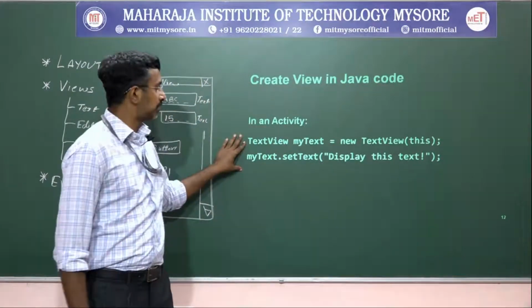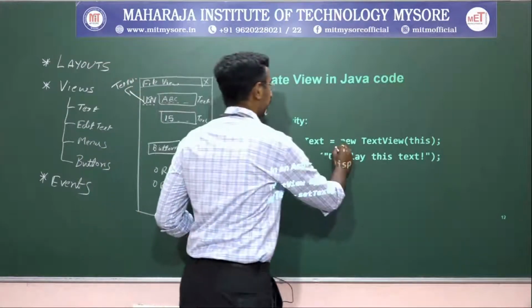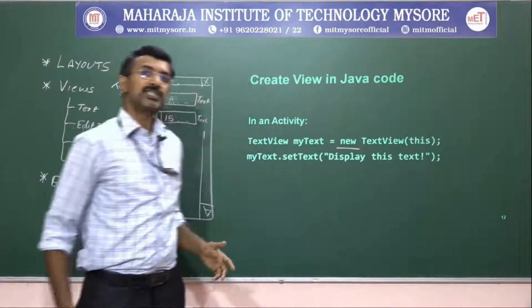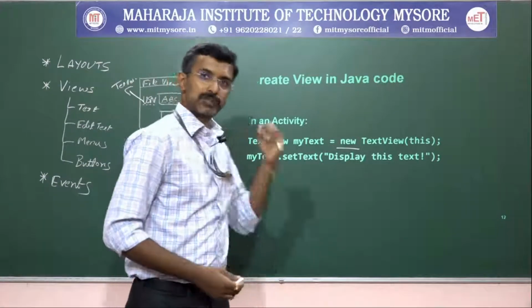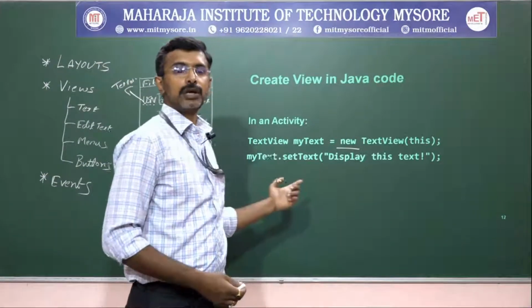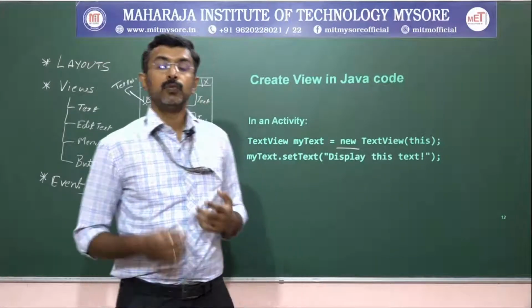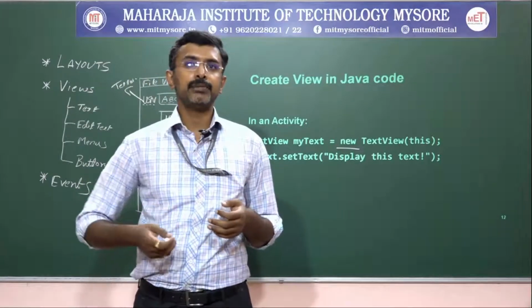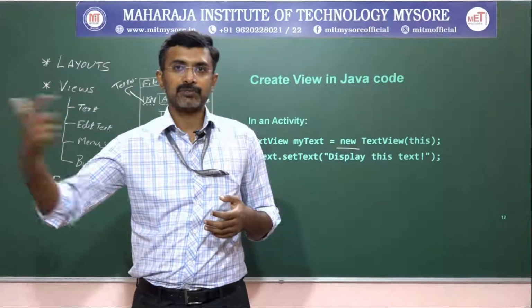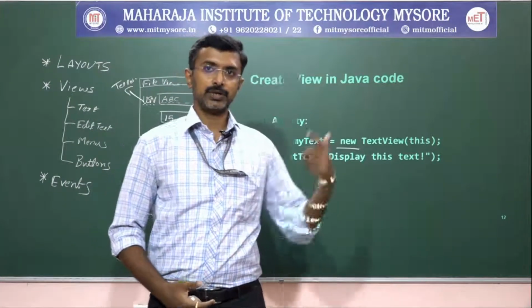The same text view can also be created using the keyword new, which automatically creates a text view, and you can access all those properties even in Java code. This clearly specifies that a view can be seen as a visual representation, as an XML representation, as well as in your Java code.